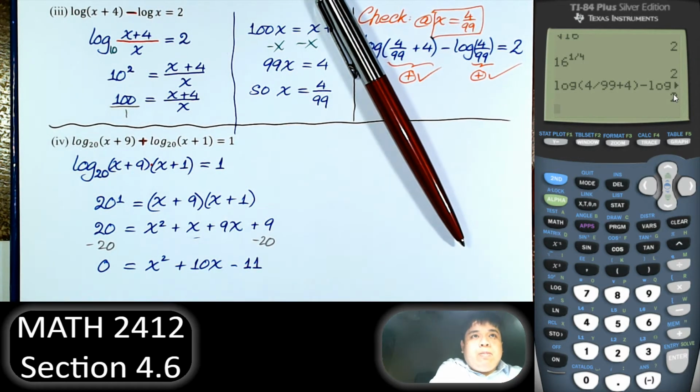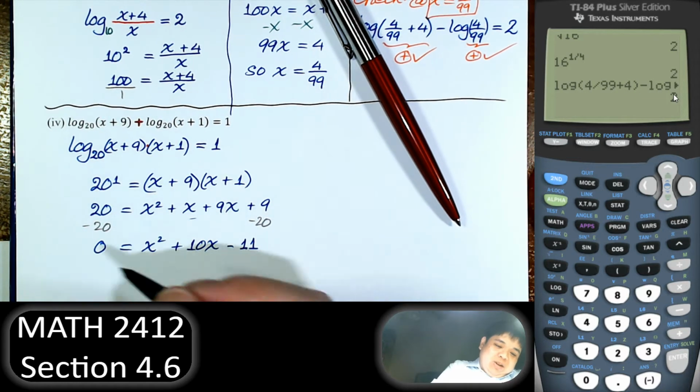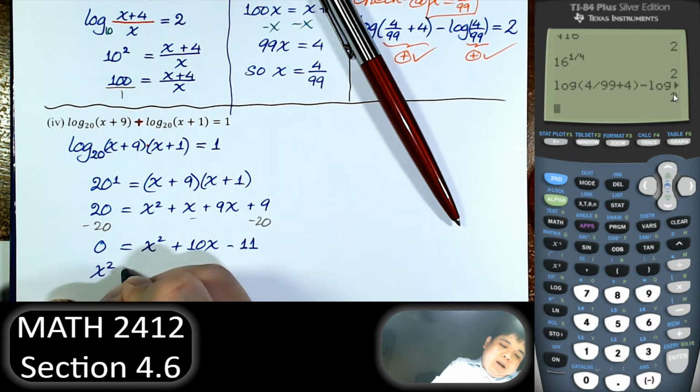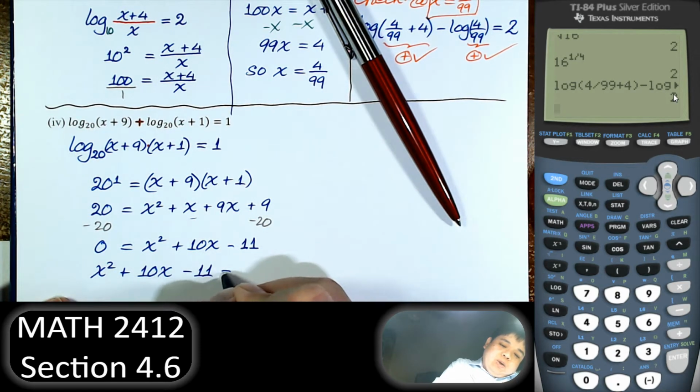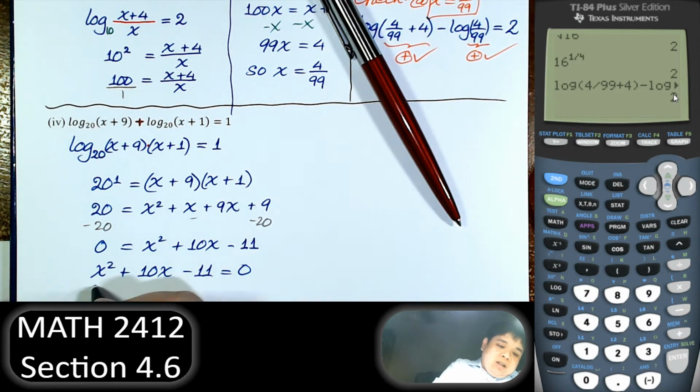Looks like we need to factor: two things multiplied together equal to 11, not much option here, 1 and 11, and add up to 10. So that's easy. The factors are x plus 11 and x minus 1.